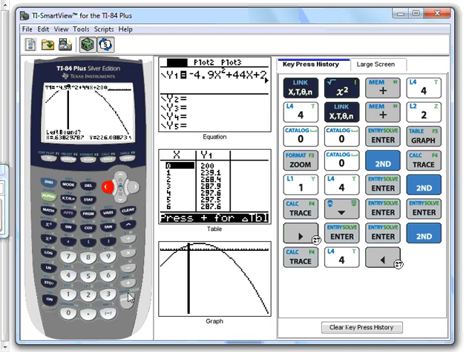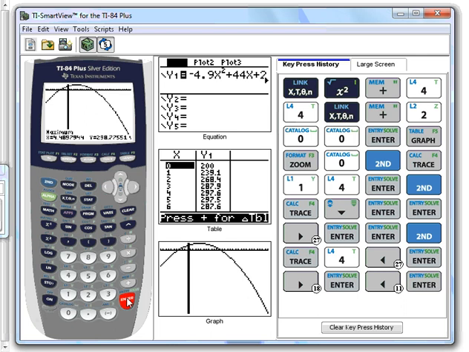And then it says right bound. I go just to the right of the highest spot, and then I hit enter. And then it says guess. I just move over near the middle and I hit enter. And the answer is the maximum is at x equals 4.48 and y equals 298.